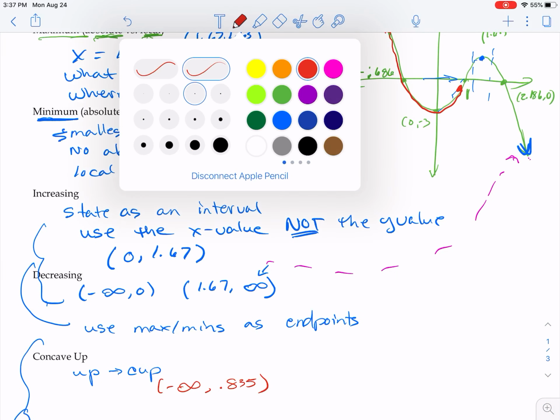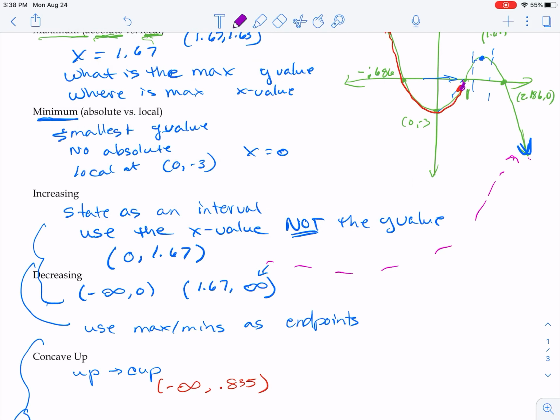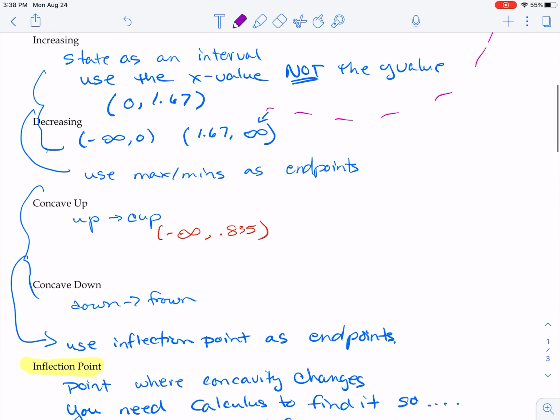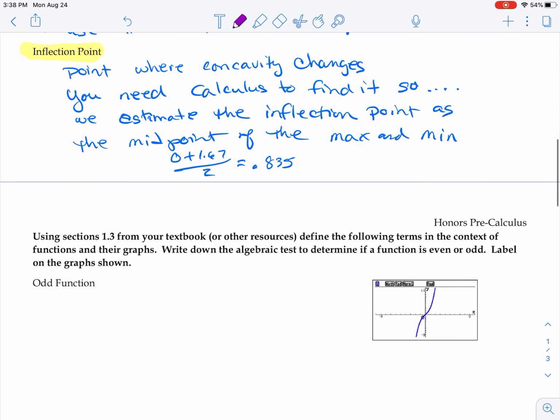It's concave down from here like that. So it goes from 0.835 to infinity. You'll notice again, these are x values, not y values. We want to know the interval where it happens, okay? All right.